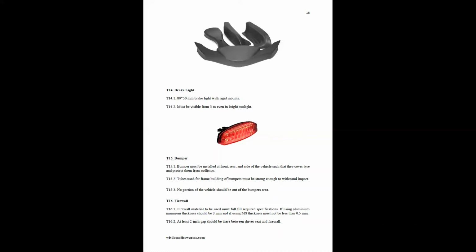As I already told you regarding the firewall, if you're using aluminum sheet, it should be 3 mm. And if you're using MS sheet, it should not be less than 0.5.